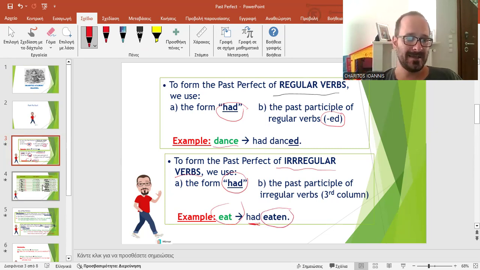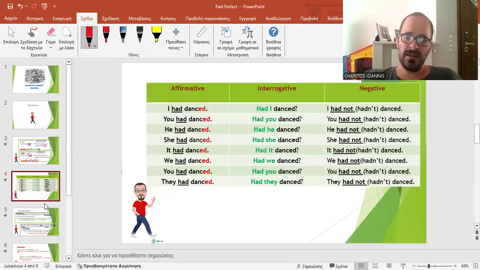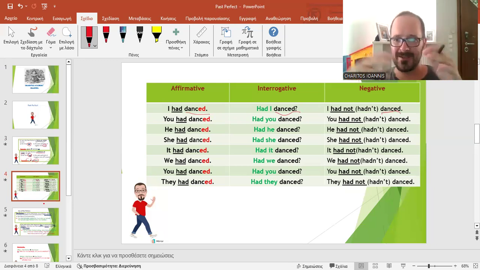So had eaten. Now here, okay, this is too easy, but I thought it would be positive to show you a card with the form. What I would like to stress is that the past participle, no matter if my sentence is affirmative, interrogative, or negative, doesn't move, it remains there. So what regulates things is had.